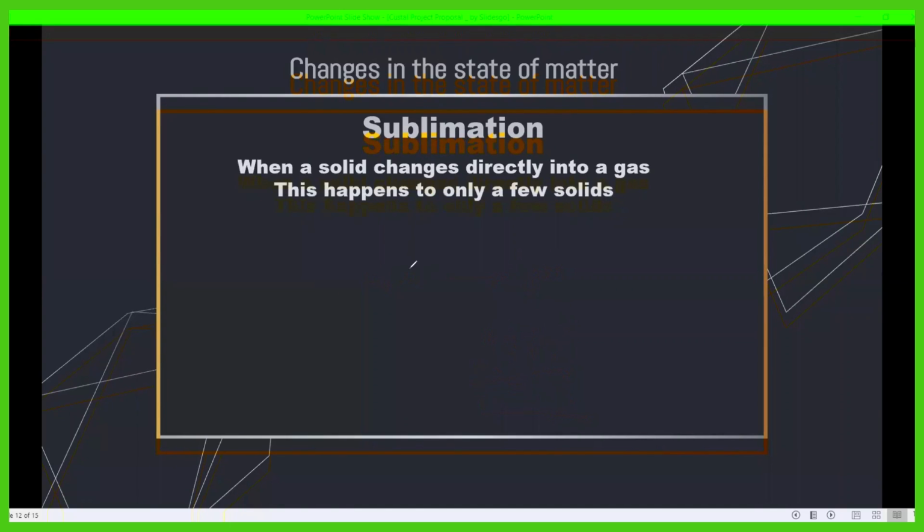And this speaks about sublimation, which is a bit uncommon. Sublimation is a solid turning into gas directly without forming liquid. So it is not melting, it is sublimation, because a solid turns into a gas, and this is really uncommon, happening only in a few solids like iodine, naphthalene, likewise.